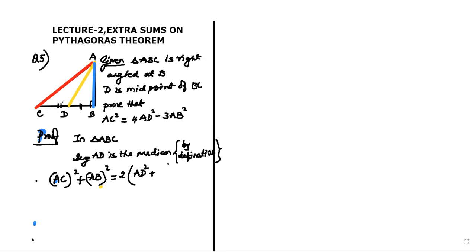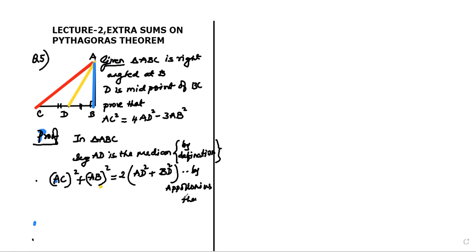Which are the bisected parts? Either CD or BD. I go for BD, children, BD square. No need of saying it as statement number 1; we'll simplify this, and then later on we can call it by Apollonius theorem.